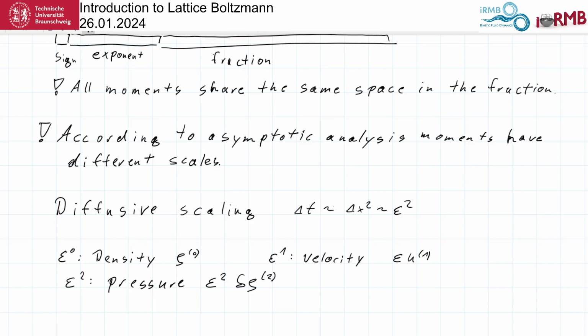Of course there is a background pressure given by the density rho 0, but from Navier-Stokes' point of view we are only interested in the variation of pressure, not the pressure itself. The variation of the pressure is second order. This we learned from the asymptotic analysis.